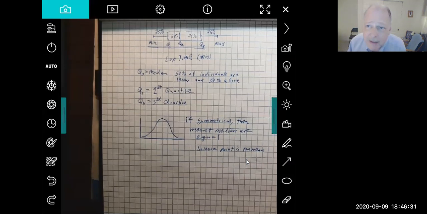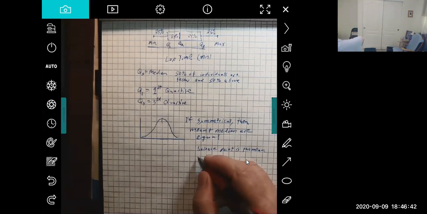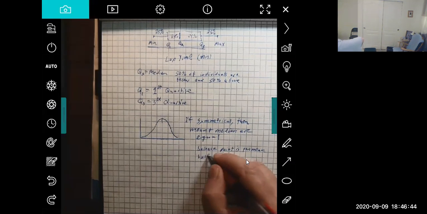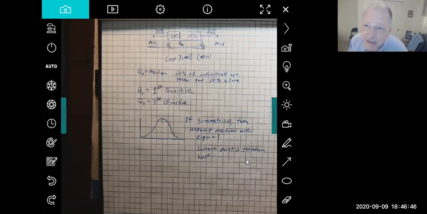But the median is where half the area, or half the individuals, are below the median. So I'm thinking of this as a percent frequency density histogram, where area is frequency, is percent frequency.